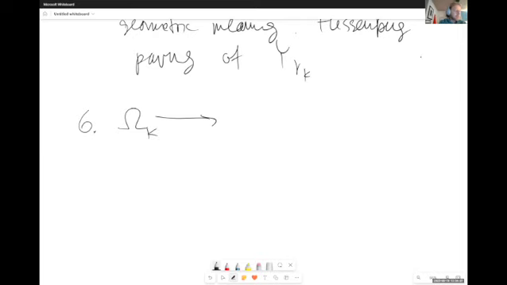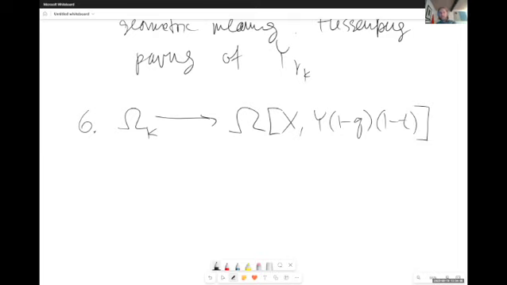let's say I take this omega k, and now I do the evaluation of y to 1 minus q, and then times 1 minus t. So this is different from the previous one. The first one was just y goes to y times 1 minus q. The next one is what if I then substitute x goes to x times 1 minus t. This one is what if I substitute y goes to 1 minus q and then substitute again y goes to y times 1 minus t.